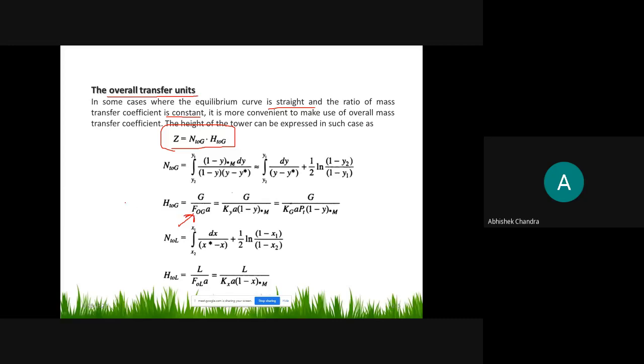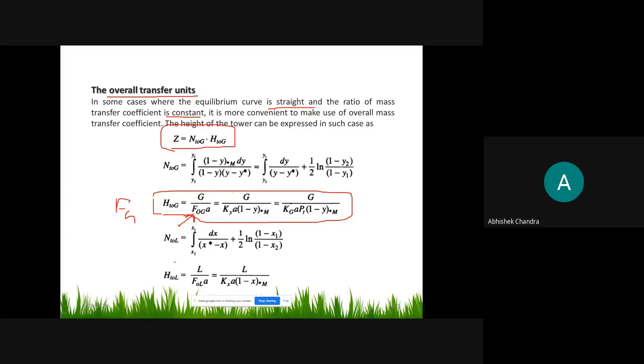Previously we have written FG, an individual mass transfer coefficient of the bulk, so this may vary throughout the column. But we assumed that for a small change it is constant. But if we are in terms of the overall mass transfer coefficient, then this is written as FOG. So HTOG is the same expression for evaluation of the height of the transfer unit.